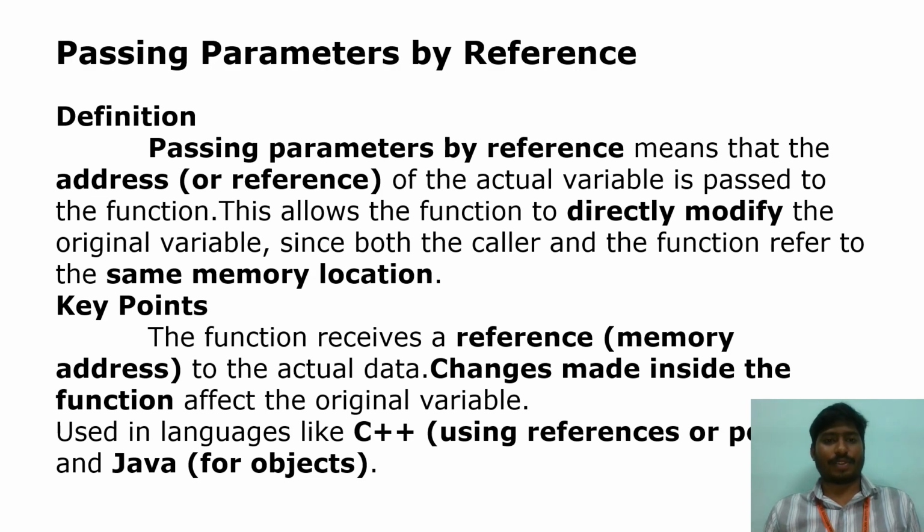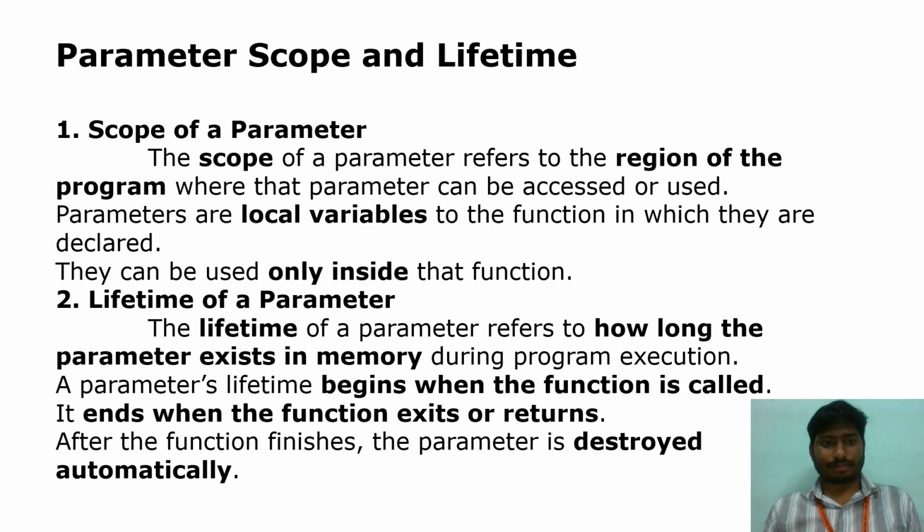Here are some key points of passing parameters by reference. The function receives a reference to the actual data. Changes made inside the function affect the original variable. Used in languages like C, using references or pointers, and Java for objects.